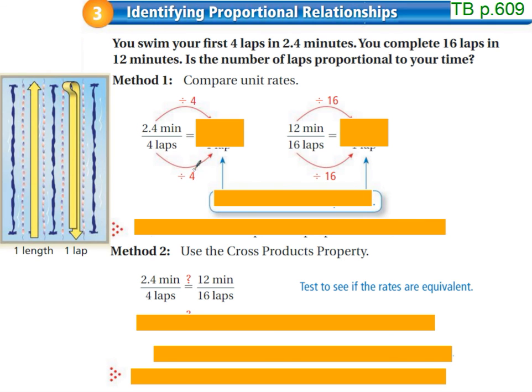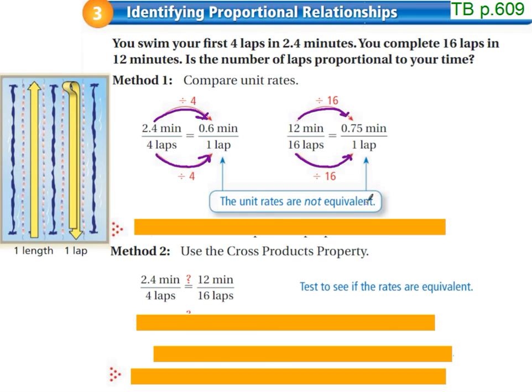We have to divide both by 4, and I end up with the rate of 6/10 minute per lap. When I find the unit rate of the other number by dividing both by 16, I get 0.75 of a minute to 1 lap. So this shows that the unit rates are not equivalent.